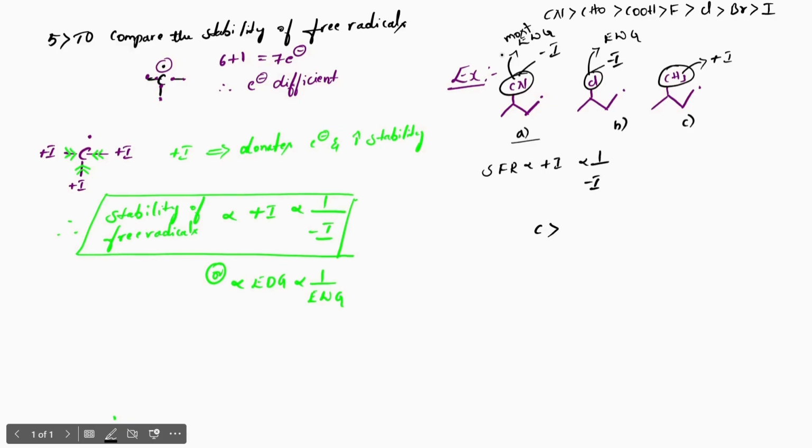Since CN is most electron withdrawing group, it will not donate any electrons to the carbon which is electron deficient, so that it will be least stable. And of course, when compared to CN, Cl is less electron withdrawing group. There is a possibility of donating electrons to the electron deficient carbon, so that it comes second. So the order of stability is C is more stable than B is more stable than A.